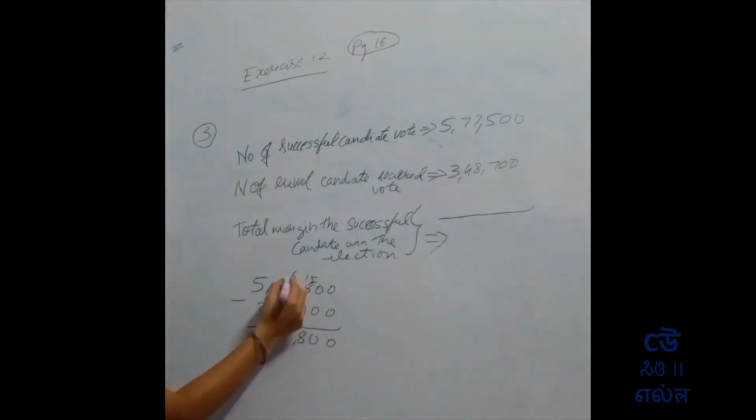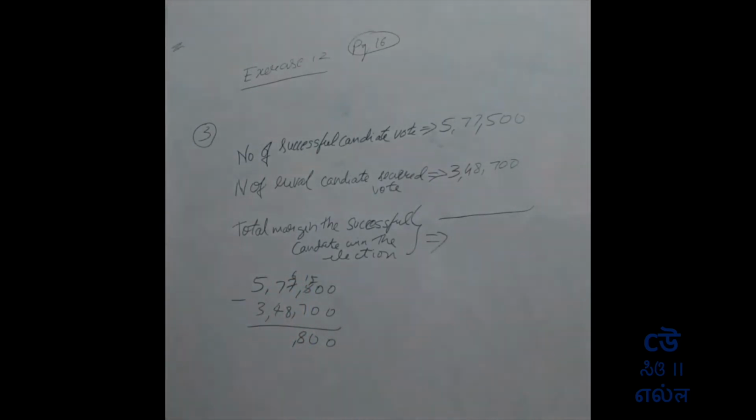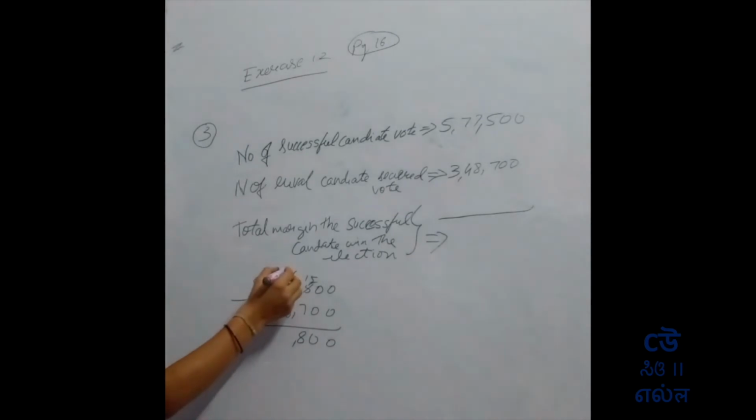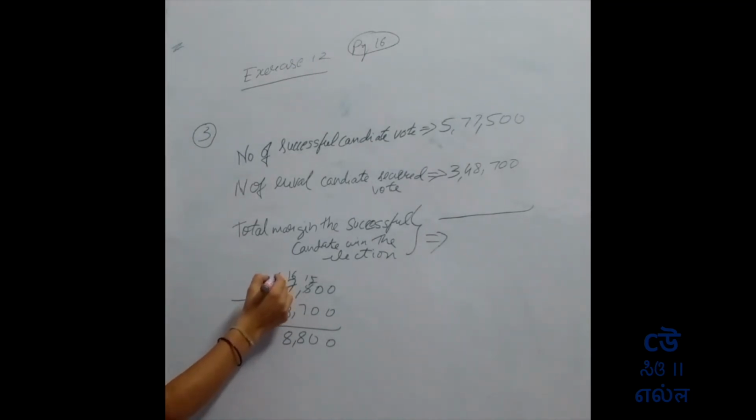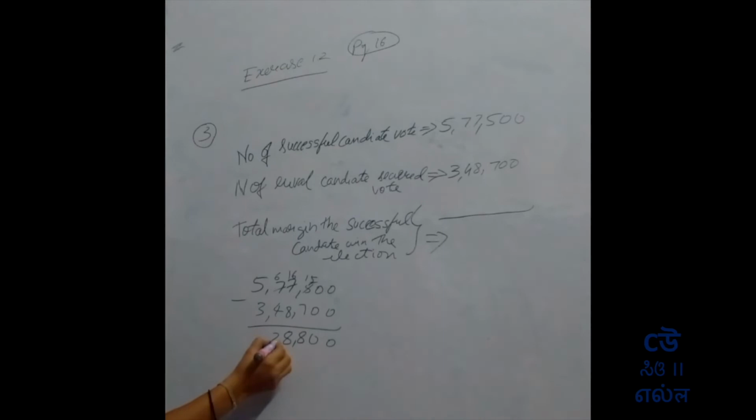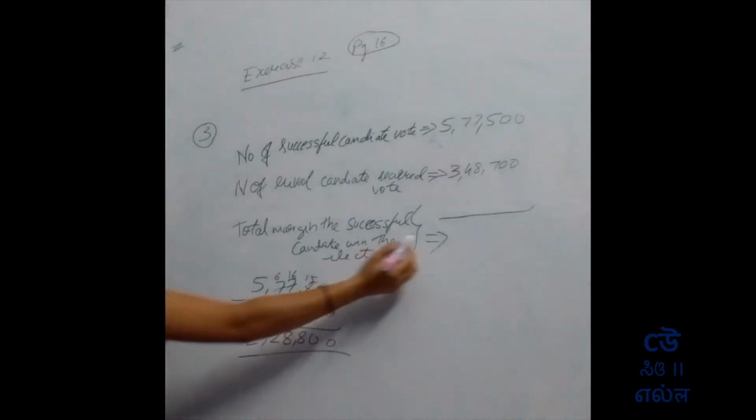Then 6 minus 8 is not possible. So 16 minus 8 is 8. So again 6 minus 4 is 2. Then 5 minus 3 is 2. So what is the answer, children?